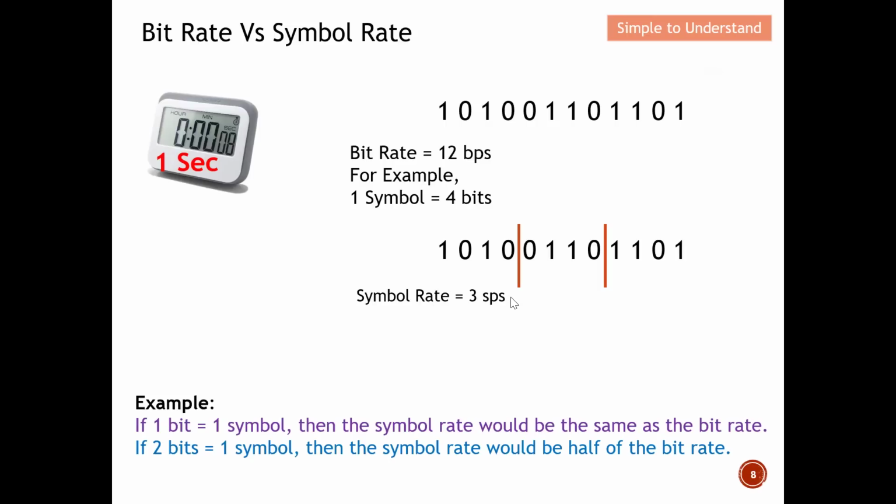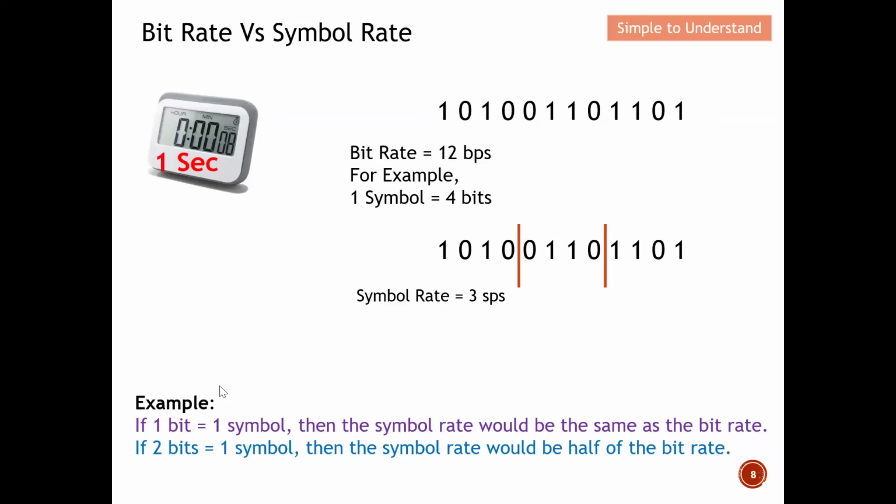You can take a look over here: the amount of data that can be sent is still identical. I can describe it either as 12 bits per second, which is the bit rate, or as 3 symbols per second. So you can see that I never change the throughput, but I change the way I describe it, either in terms of bit rate or symbol rate.